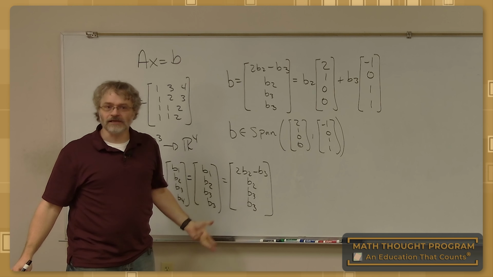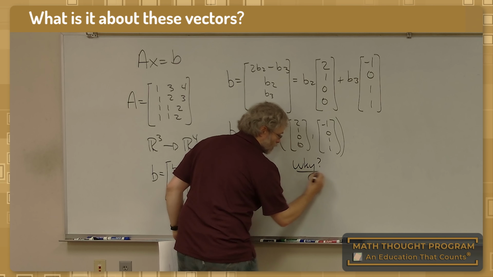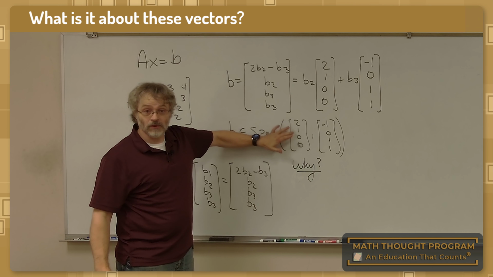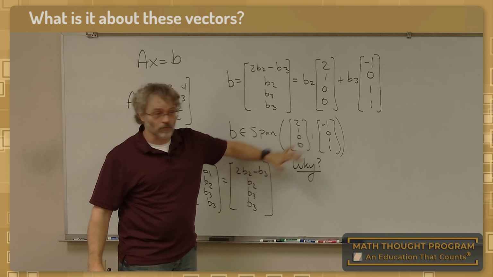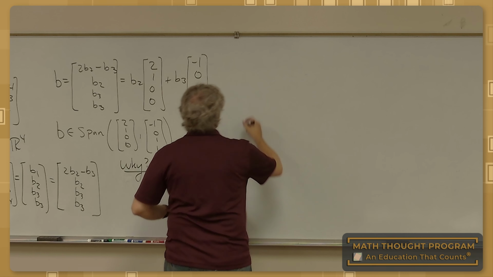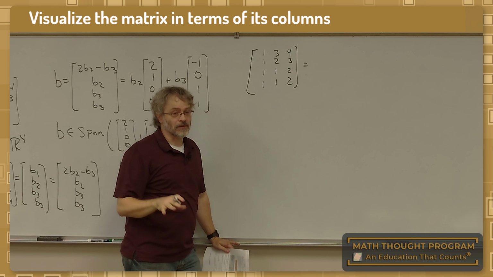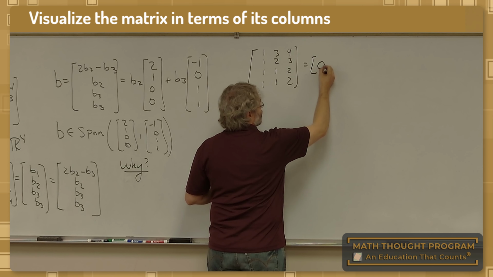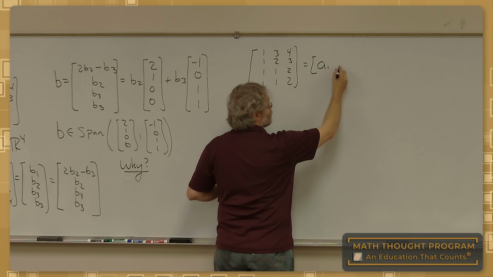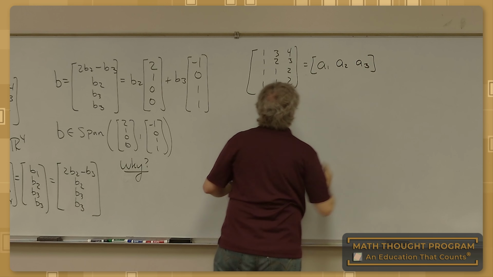But go deeper. Why? This works, but what's going on with these vectors? 2, 1, 0, 0, negative 1, 0, 1, 1. Well, if you look at your matrix, I can look at a matrix from a number of different perspectives. I can look at it in terms of the columns, where I have column vector A1, column vector A2, column vector A3.